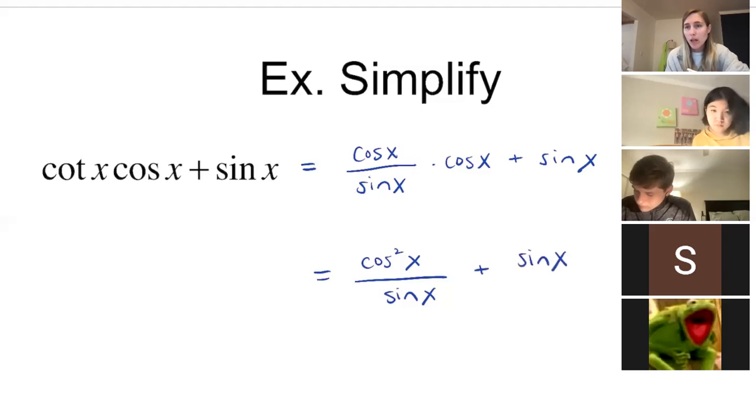Well, that doesn't really look any simpler. But oftentimes, if we have a sum, especially a sum that has a fraction in it, it can be helpful to get a common denominator.